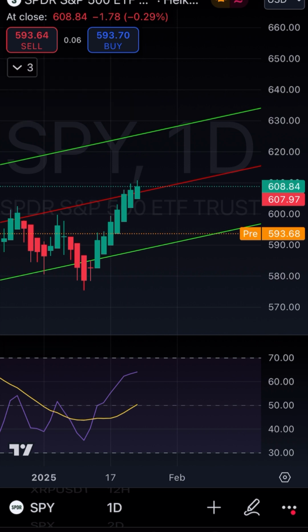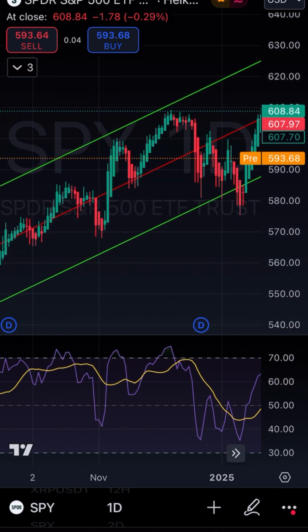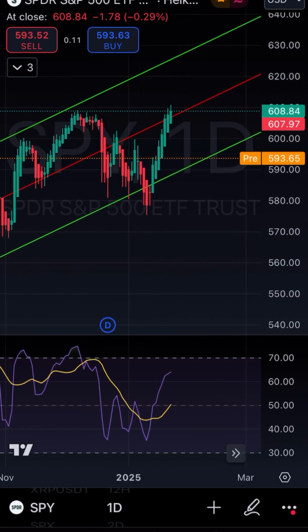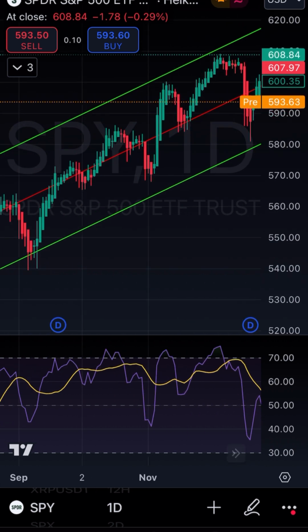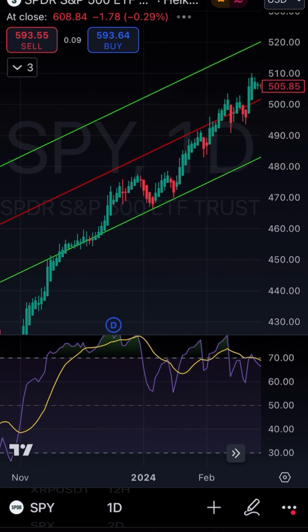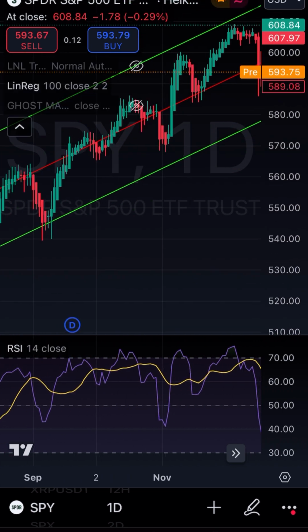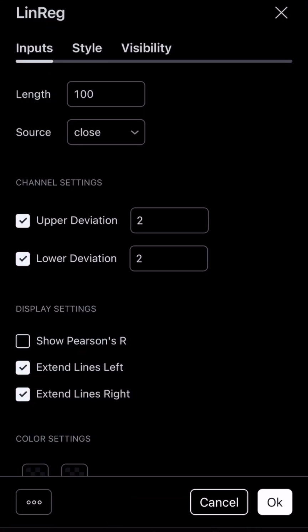So basically what you want to look for is you want to identify the overall direction. You want to look at this on the day chart, and you want to identify the overall direction of the S&P. What direction is it going? Now, hold on, I think I have too many lines here.